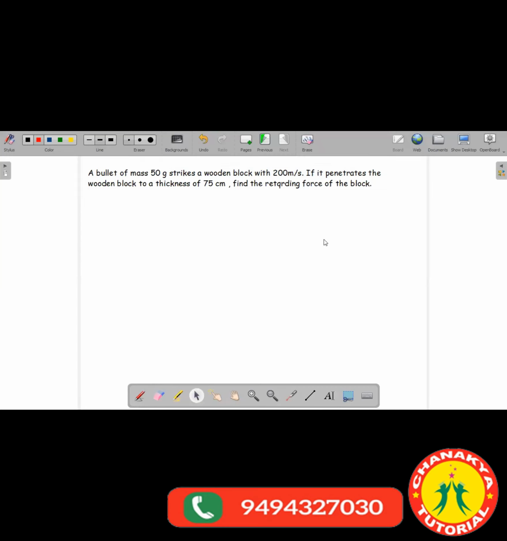A bullet of mass 50 gram strikes a wooden block with 200 meter per second, penetrates the wooden block to a thickness of 75 centimeter. So find the retarding force.